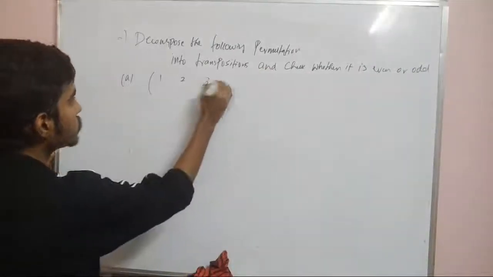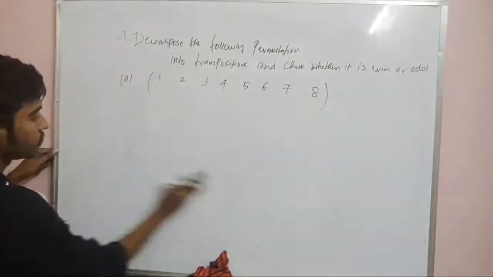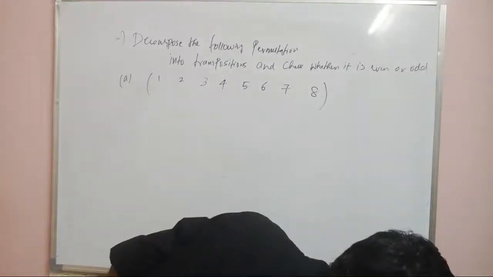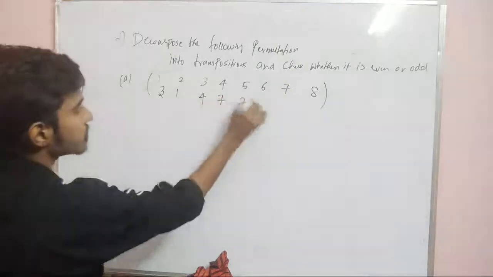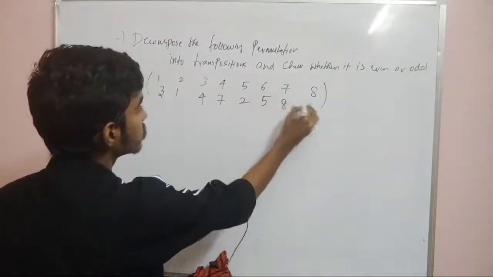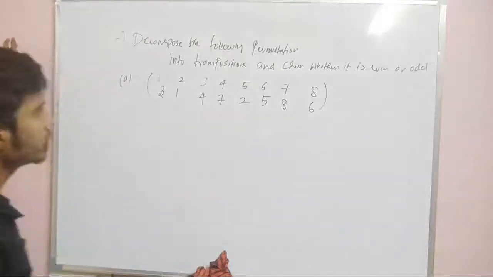So 1 2 3 4 5 6 7 8, 3 1 4 7 2 5 8 6. Now none of the elements are fixed here.